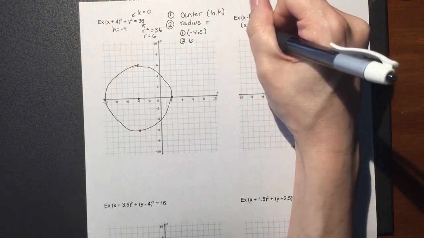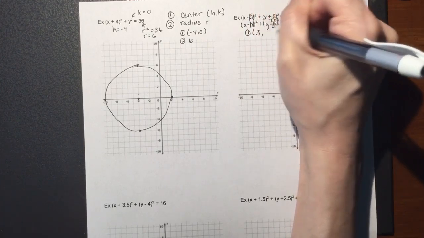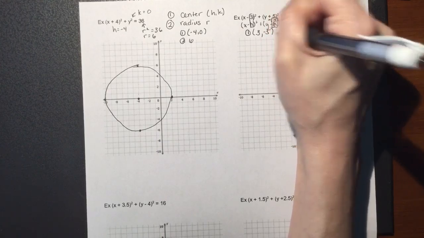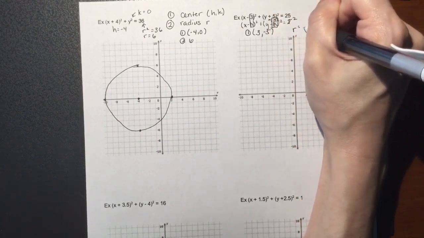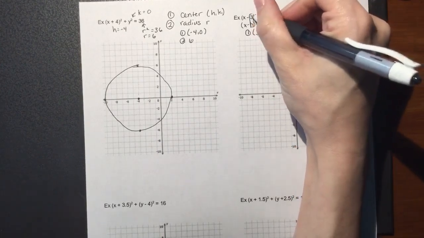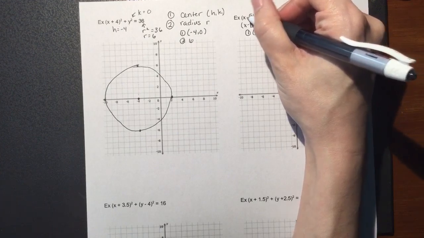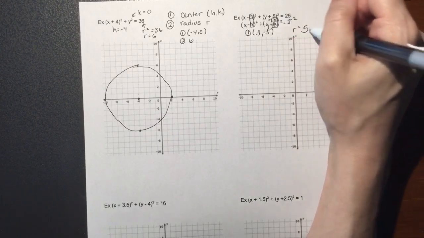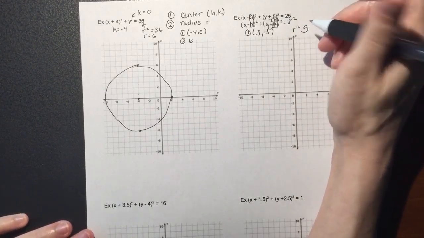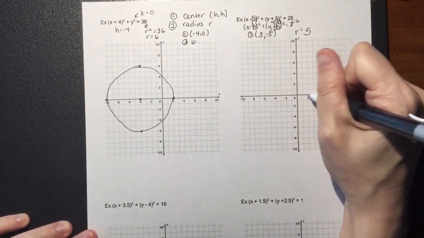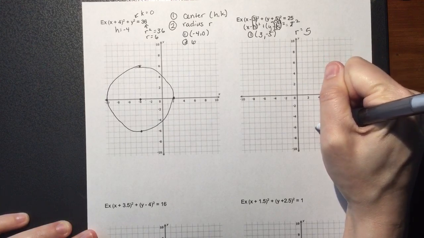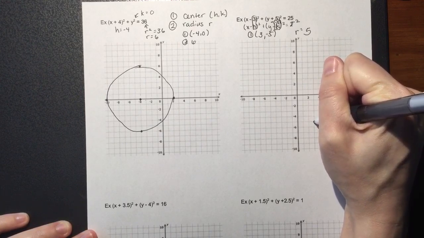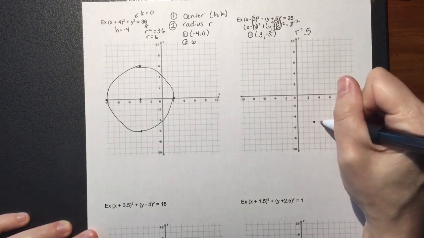So then our center is going to be 3, -5, and then the radius is going to be equal to 5. So do the opposite of what you see. So x - 3 is a positive 3, and then the +5 is a -5, and the radius for the circle is going to be 5. So if we graph this, we've got 3, -5, and then the radius is going to be 5.